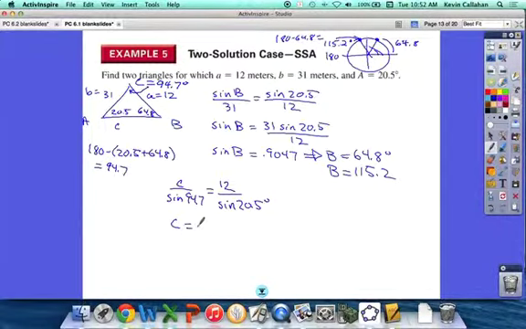So C equals 12 sine 94.7 divided by the sine of 20.5, which is 34.2.